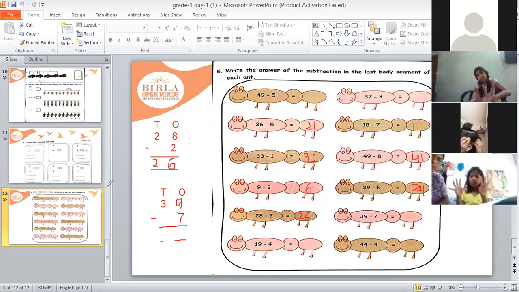So how many fingers you will remove? 7. Now remove your 7 fingers quickly. How many are left now? 2. Very good. So we'll write 2 here in ones place.